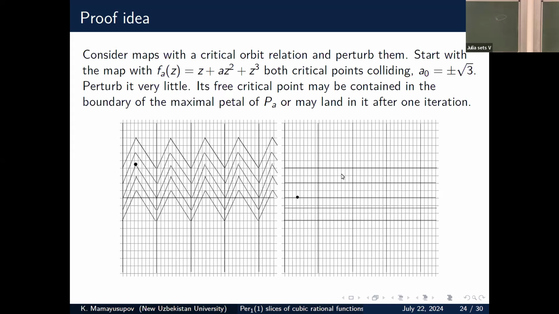So for the second case, or the first case in our situation, in one iterate, it lands in the parabolic petal. Then in the Fatou coordinates, you have this right half plane, and this is the position of the image of the critical point. Now, you can consider a quasi-conformal map sending these ones to the straight lines.